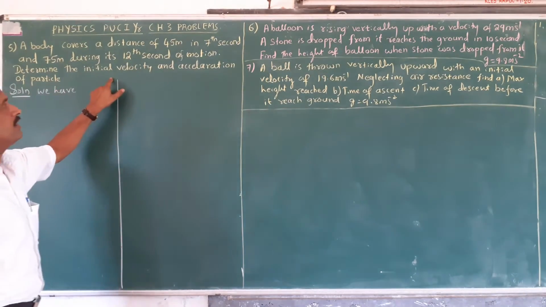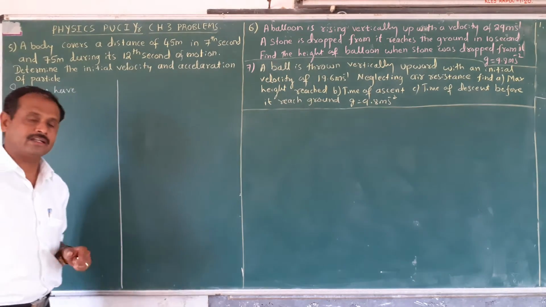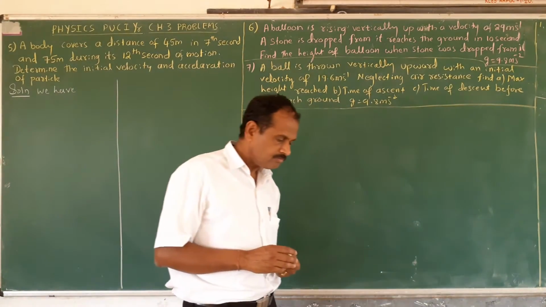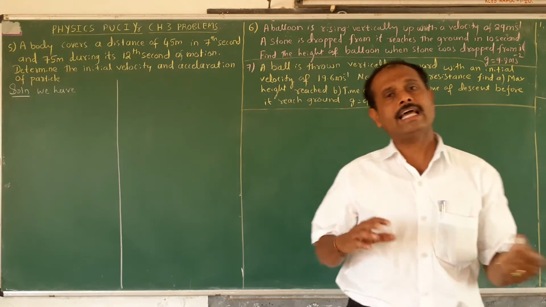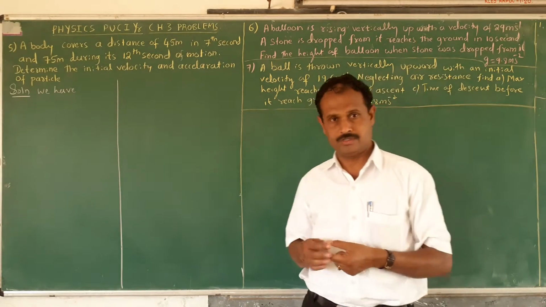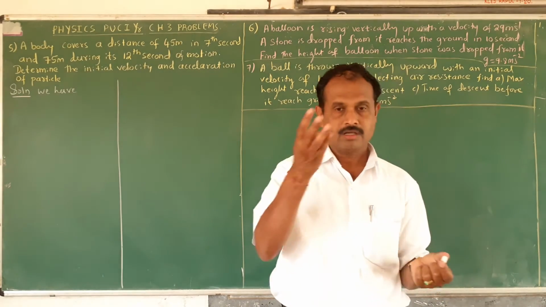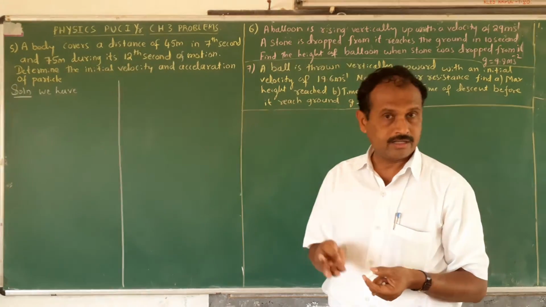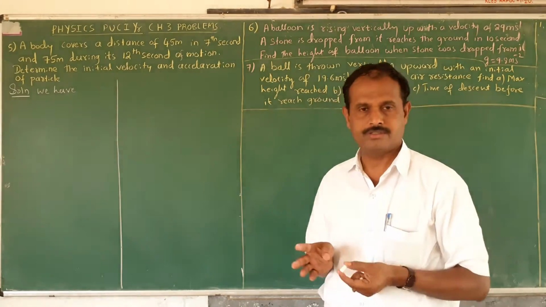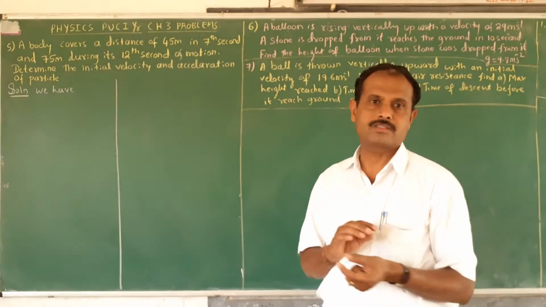Determine the initial velocity and acceleration of the particle. This is the problem. Determine means calculate, compute. All the words are the same. Determine, compute, calculate, find out. Almost all the words are the same.